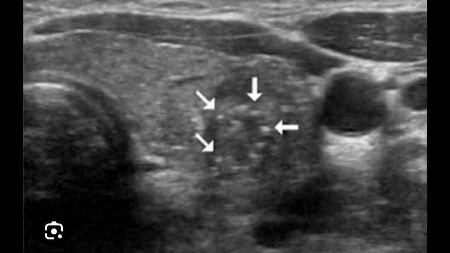And if the calcifications are peripheral and particularly eggshell calcification, this would make it benign, and this would be classified as U2. But as far as the suspicious nodule calcification is concerned, it would be particularly disrupted and in the peripheral region, and the nodule will be hypoechoic. So this is the classical example of a U4 suspicious nodule.